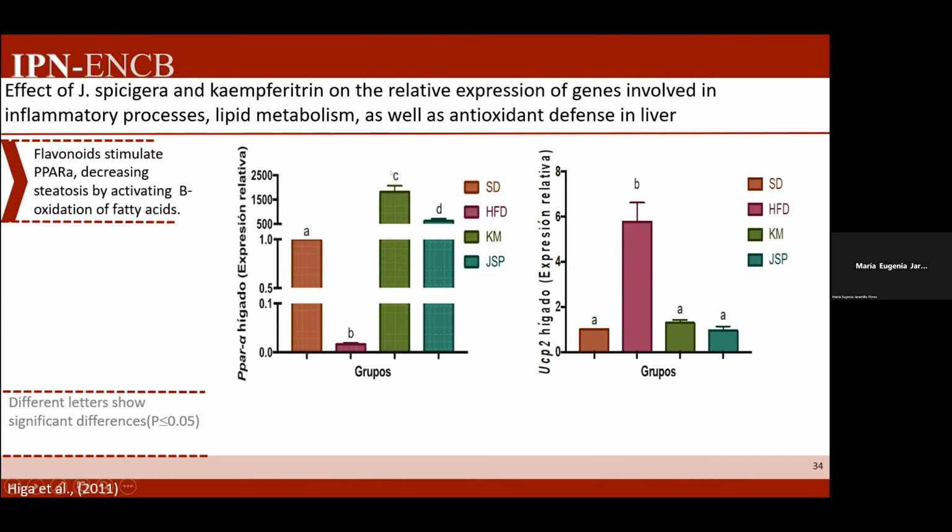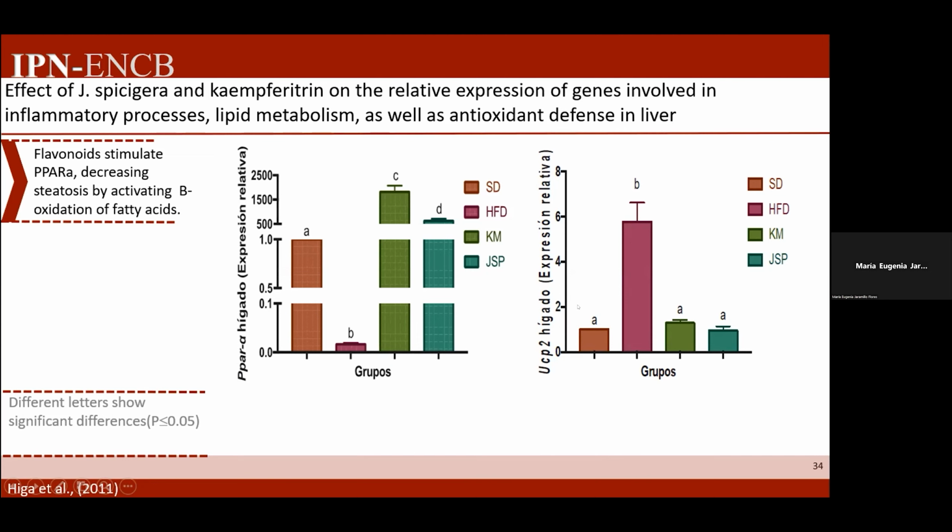If you see, there is an important reduction in the high-fat diet group of the PPAR alpha protein that induces beta oxidation, but with the treatment with kaempferitrin and Justicia spicigera, there is an important increase of this factor.